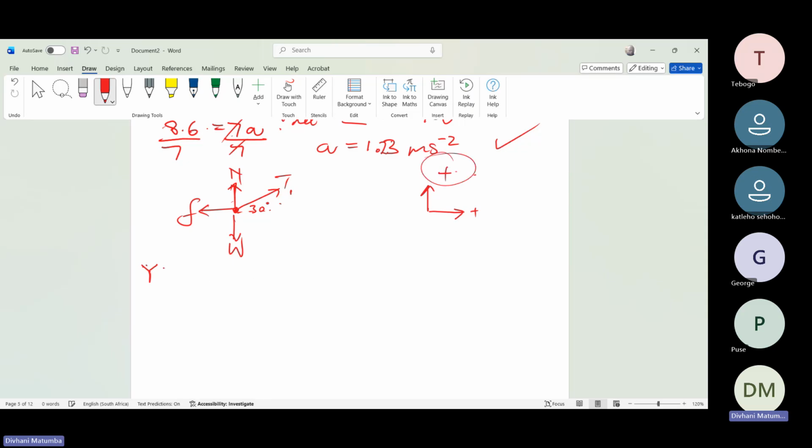So resolving forces in the y direction, I am going to have normal force minus weight plus T1 sine of 30 is equal to the net force in the y direction, which is equal to 0. Does anyone have any question on this equation?